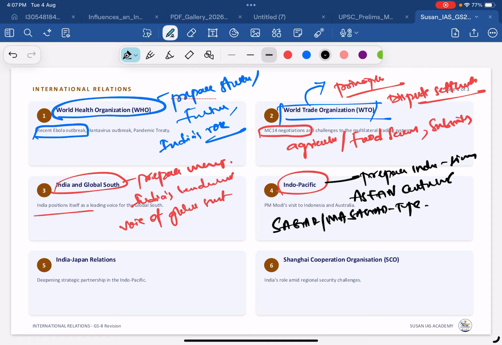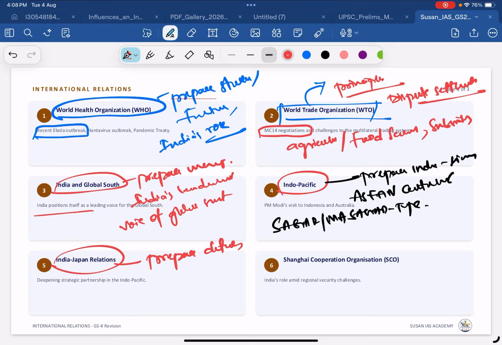Okay. And with respect to India-Japan relations, prepare defense, infrastructure, investment, technology, supply chain, and challenges in India-Japan relations, right?